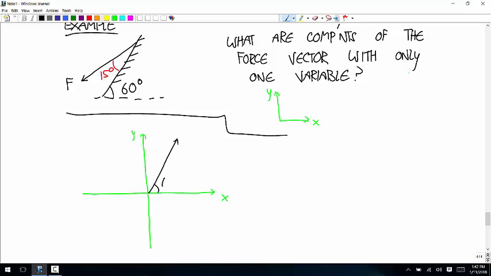We know this is 60. But it's not 15 degrees from this one to this one. It's 15 degrees from the opposite of this one to this one. You see that? You can only use angles between vectors that have the same tail. Think about that. I think that'll sort of make sense if you think about it a little.